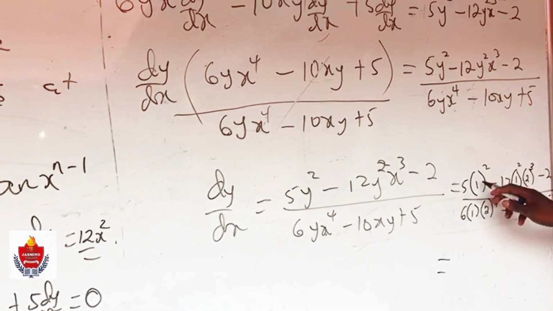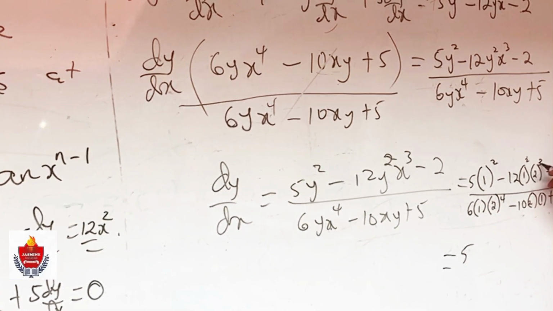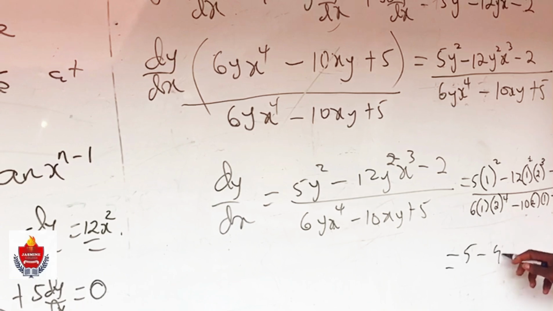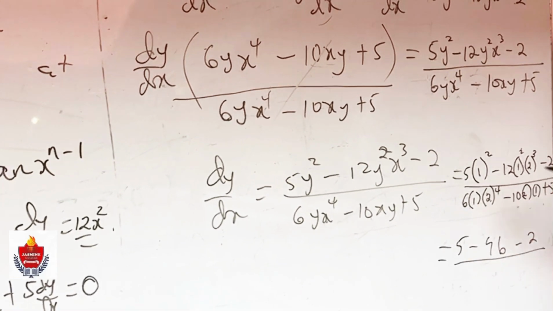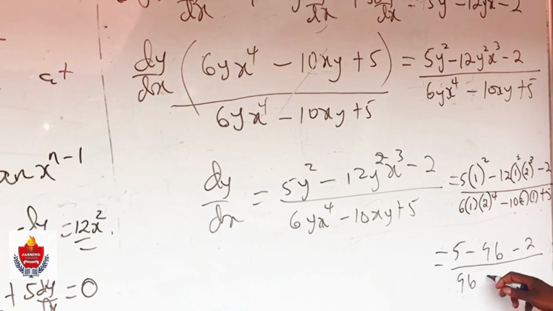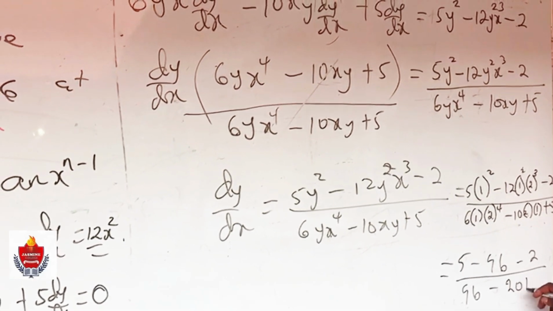Then we have 1 squared to mean 1, 1 times 5, 5. 1 squared, 1, 2 cubed, we have 8, times 12, you have 96, minus 2, all over 2 raised to power 4, 16, 16 times 1, you have 16, minus 10 times 2, 20, 20 times 1, you have 20, plus 5.